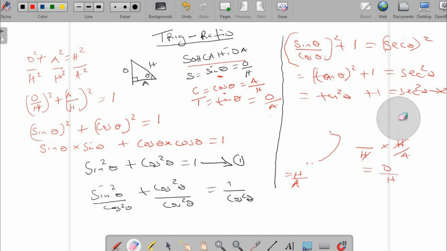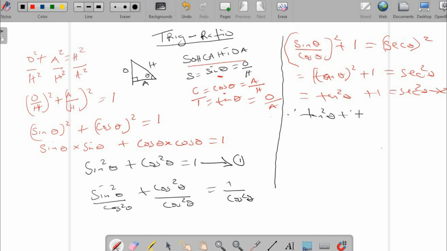Now let me clean this place so that we can easily work the last identity. Therefore we have tan squared theta plus 1 is equal to sec squared theta. You can call this equation 2.